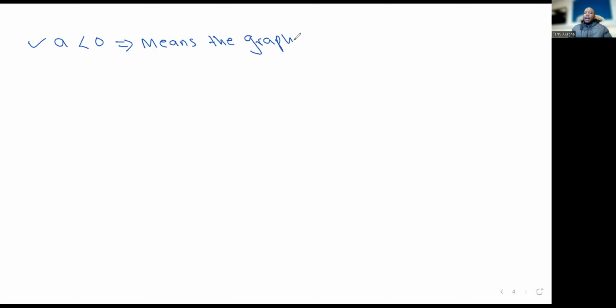So it means that the graph of f of x is translated by a unit, okay? The same thing.